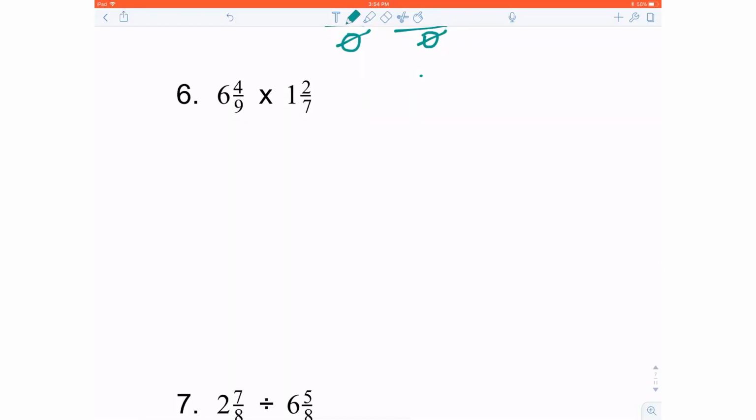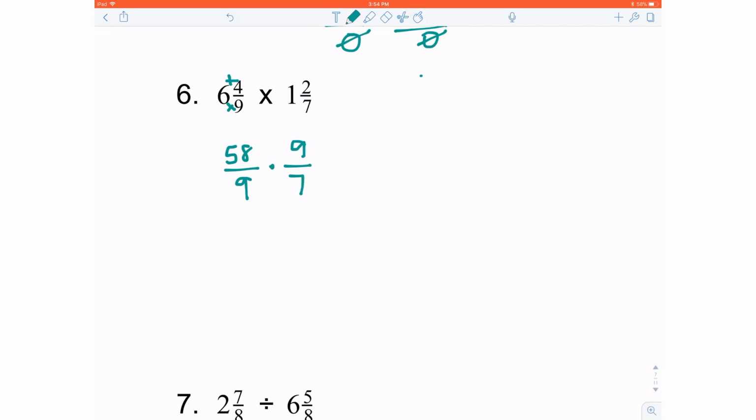Okay, so remember, first step, turn this into an improper fraction. So we're going to multiply it, and we're going to add it. 9 times 6 is 54, plus 4 is 58 over 9. And 7 times 1 is 7, plus 2 is 9 over 7.